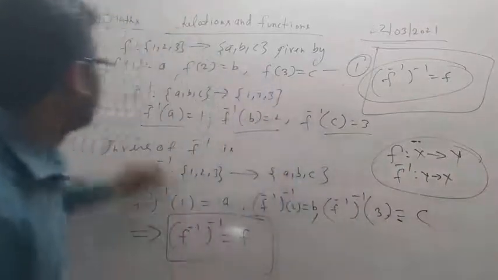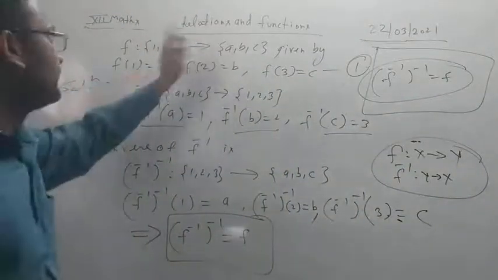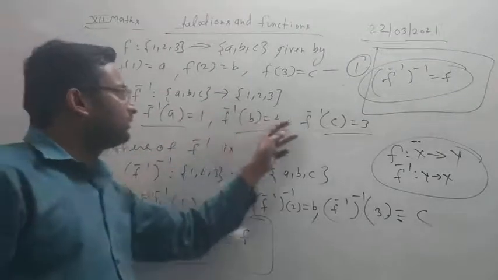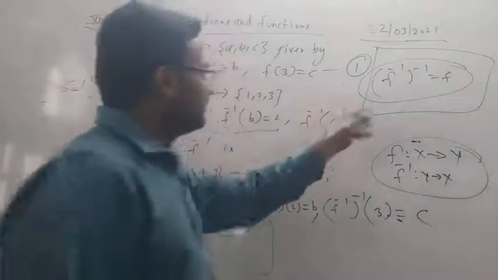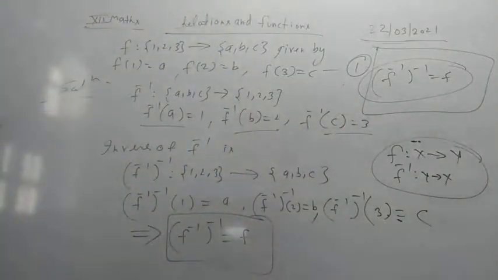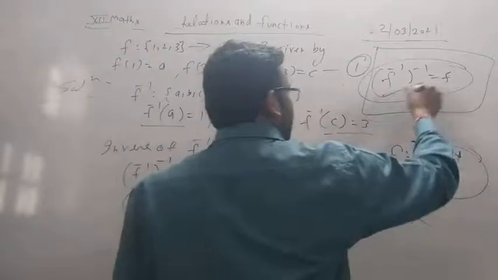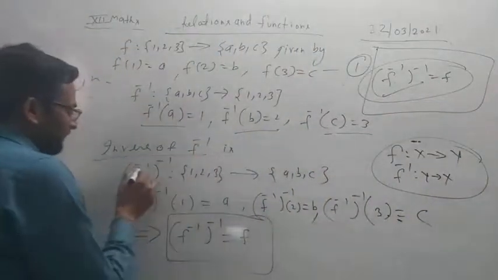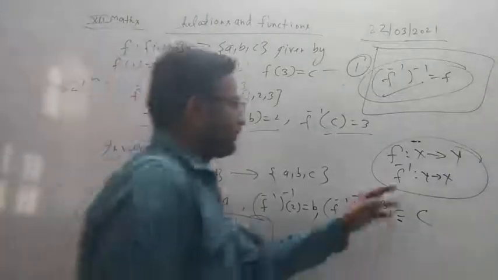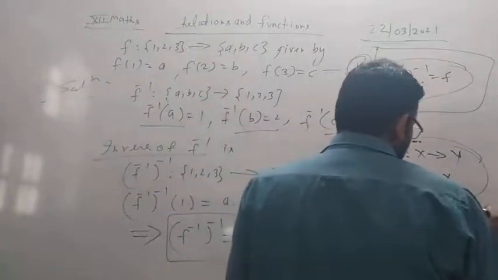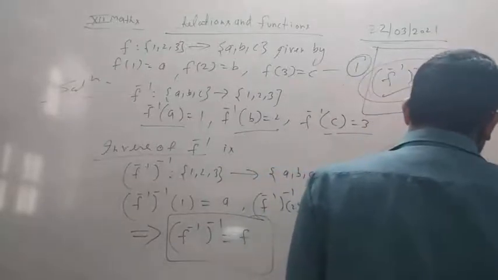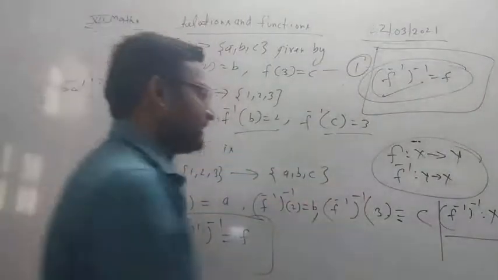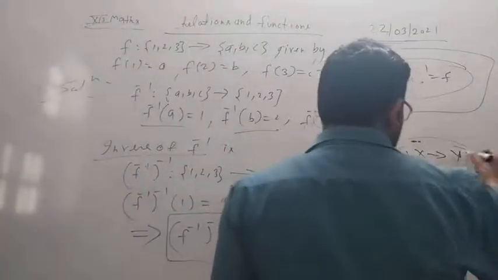So we have taken it like this: f inverse from y to x, and f inverse of A is equal to 1, f inverse of B is equal to 2, f inverse of C is equal to 3. From here we are getting this. Okay, now we have to find out the inverse of f inverse. So the inverse of f inverse, we write, is from x to y. Again we get this, and this will be equal to our f, like the first.